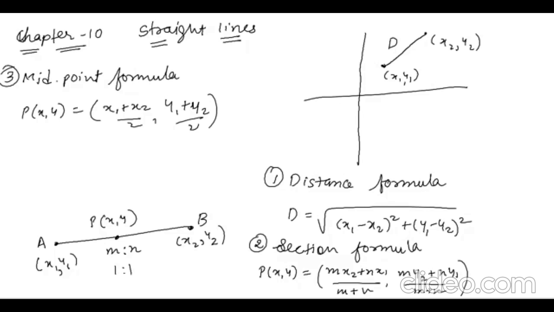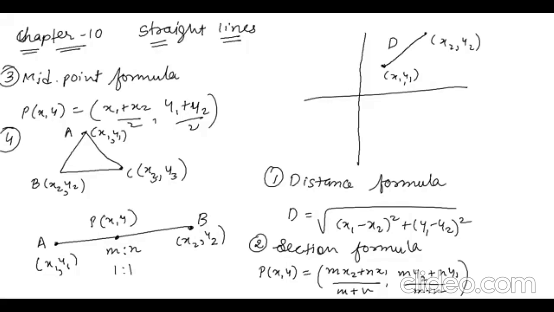And last was the area of a triangle. If vertex A has coordinates (x1, y1), vertex B has coordinates (x2, y2), and vertex C has coordinates (x3, y3), then the area of this triangle can be found using the formula.